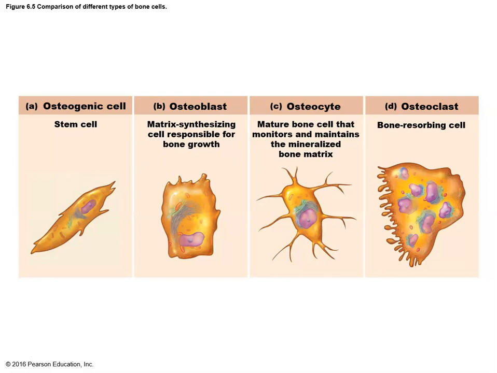So we'll make a little bit more sense of that in a minute. Osteocytes, our option C here, are normal bone cells that maintain the bone, and basically once a bone is built, they are going to be found throughout the bone tissue itself, just living, staying in place, maintaining the bone, just doing normal everyday bone things.